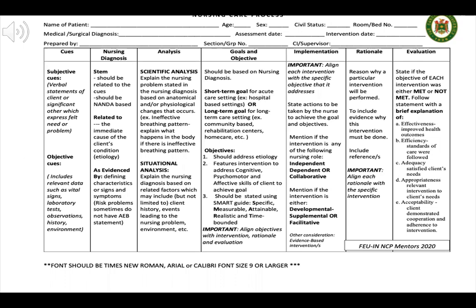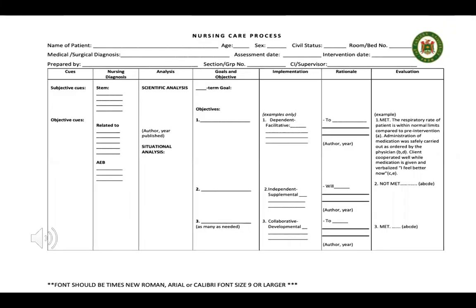So basically, it summarizes the guidelines that we have discussed. Okay. So you may take a picture of this, or you may have a copy of this. You may also come up with your own blank form of the nursing care plan, so that you can fill out the needed information in the table. So you can have something like this. All right.